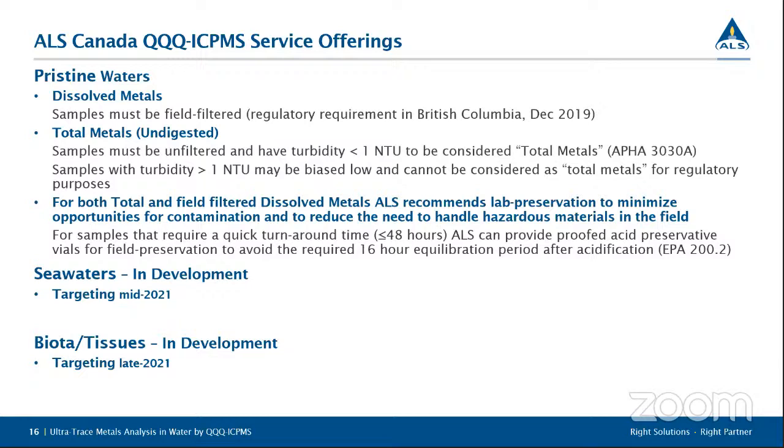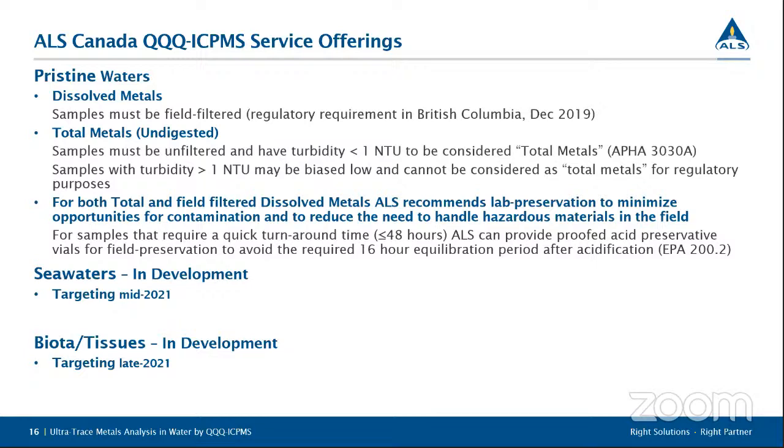However, if a quick turnaround time is required, less than 48 hours, pre-proofed acid preservative vials can be supplied for field preservation. Samples that are field preserved do not have to undergo the mandatory 16-hour equilibration period that lab preserved samples do.